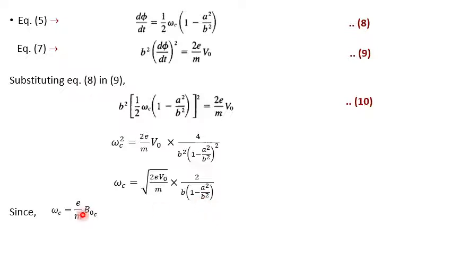Now we know that your cyclotron angular frequency is related to the magnetic field as omega c is equal to e by m into B naught c, where B naught c represents the value of magnetic field for a given V naught for which the electron will not reach the anode.